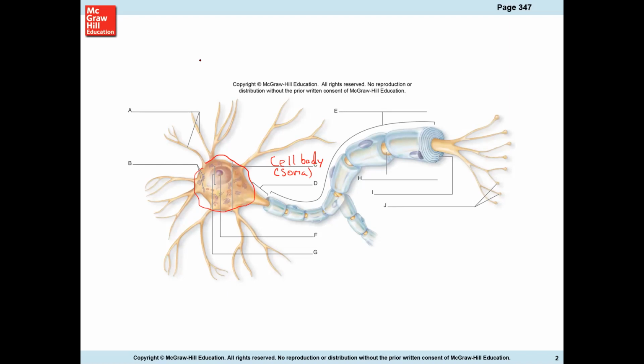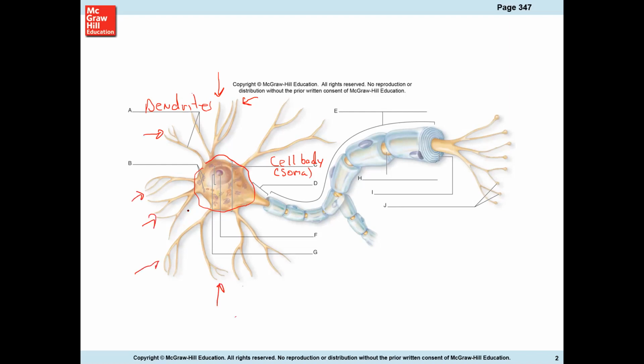Information comes into the cell body usually by these tree-like or branch-like appendages called dendrites. Usually the information is coming in from another neuron to the dendrites. This is the direction coming into this neuron.